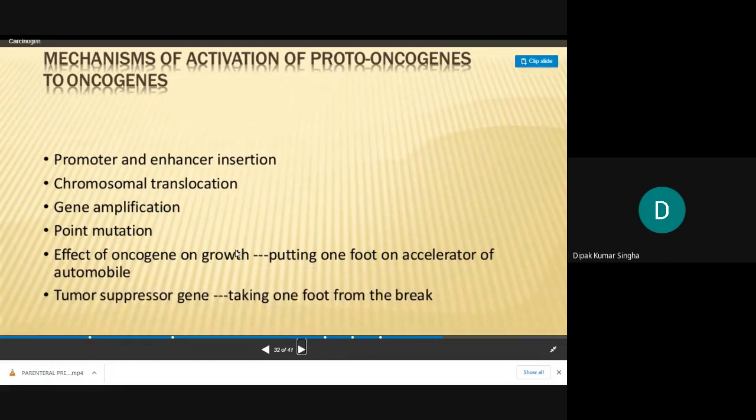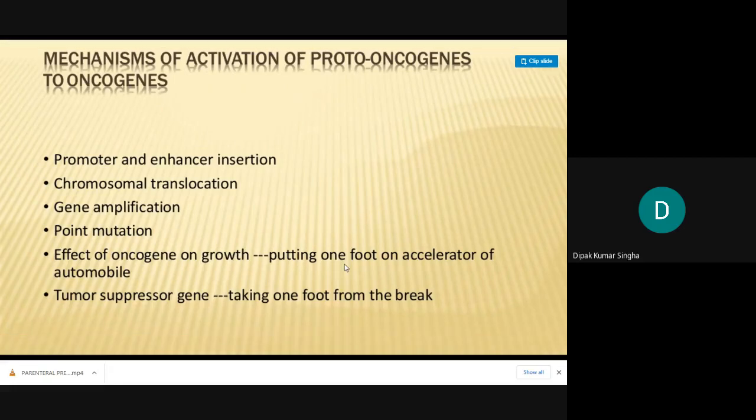Effect of the oncogene on growth, putting a foot on the accelerator of the automobile. Just like pressing the accelerator, the tumor suppressor functions like a brake. That means to produce cancer, the growth factor and the oncogene are activated, accelerated, just as a car runs when accelerated; accelerating the oncogene means a tumor will form. And if you press the tumor suppressor, it is putting on the tumor suppressor gene, taking one foot from it, like a brake. That means to stop the cancer.